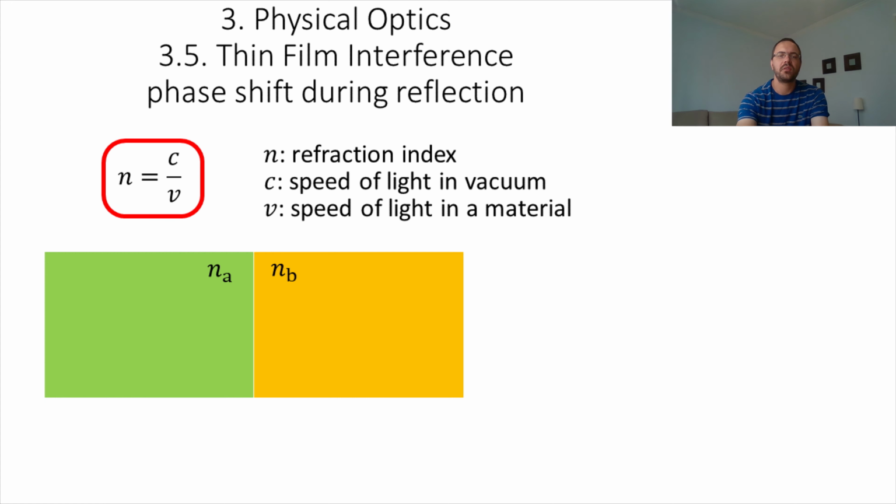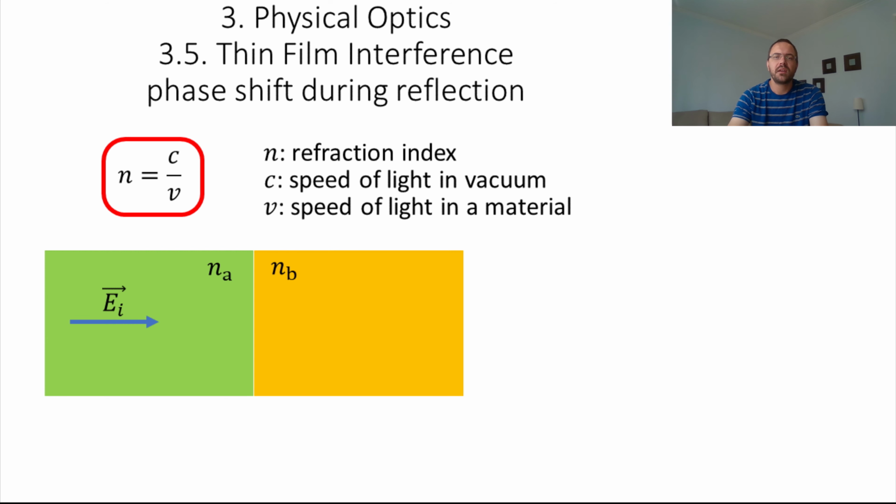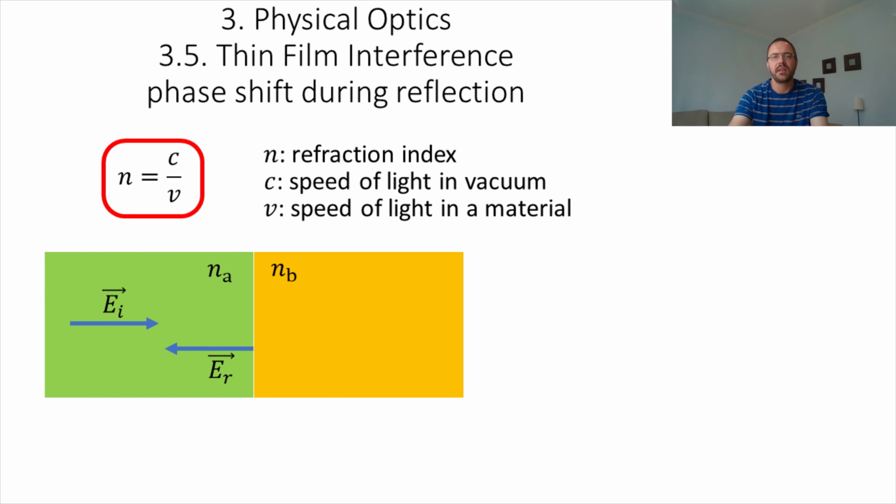For example, nA will be the index for one material and nB will be the index for another material. And if an electromagnetic wave is incident perpendicular to the interface, then there will be a reflected wave. There will also be a transmitted wave inside the second material, but here we only care about the reflected wave.